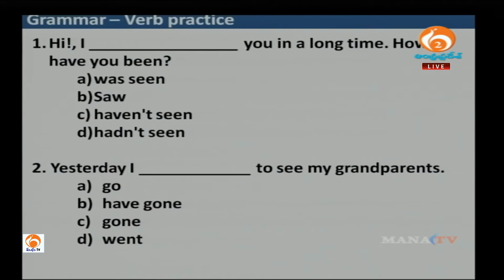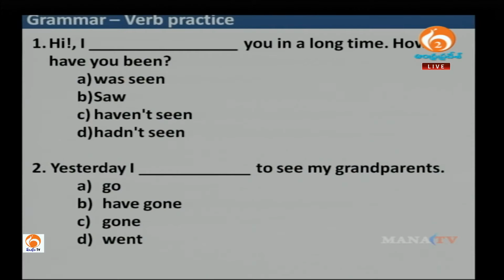So in the options, you need to figure out which is the appropriate or correct past tense form. If you use the word gone, it's incorrect. It should be went. Yesterday, I went to see my grandparents.